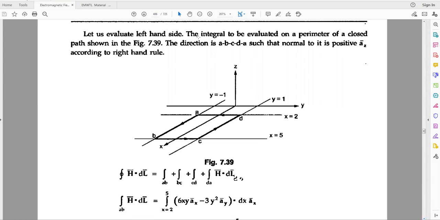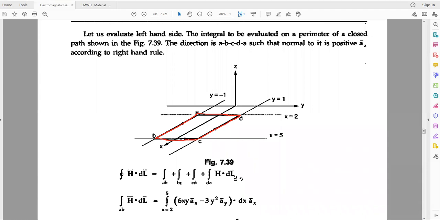Now let us evaluate the left hand side. The integral H bar dot dl bar is evaluated around the perimeter of a closed path. You see, this is a closed path, A, B, and the direction is B to C, C to D, and D to A. It is on the z equal to 0 plane.